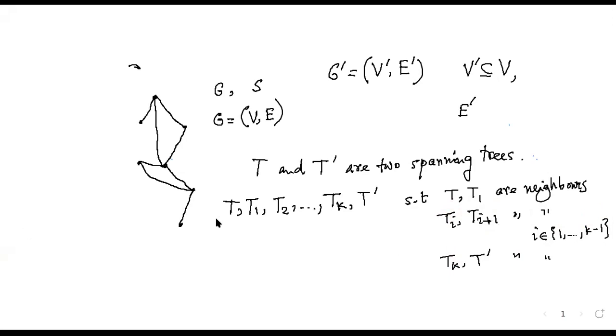If we can show this, then since each of these are neighbors, and note that Ti is not equal to Ti plus 1 for all i, we'll have one vertex from each of these: say v from T, v1 from T1, vk from Tk, and finally v prime from T prime.